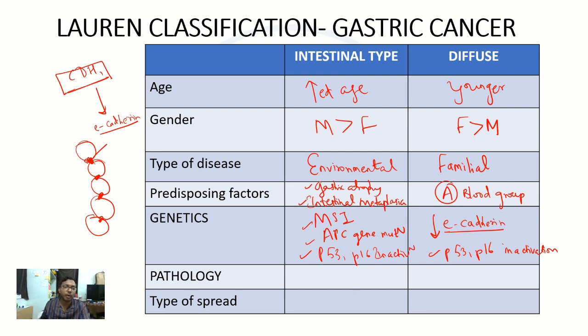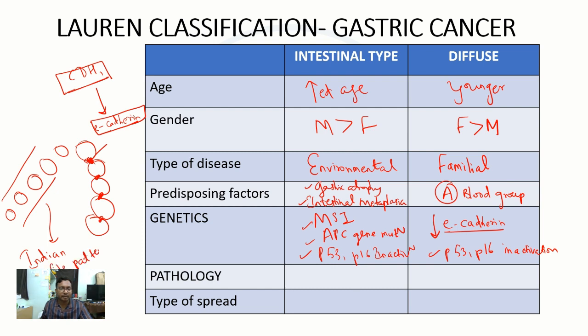Whenever you have a mutation in CDH1 gene, your E cadherin will be decreased. Whenever E cadherin is decreased, these cells are not stuck to each other anymore. That is why the cells will be seen like a row, in a single line, and the characteristic pattern you see in microscopy is called the Indian file pattern.